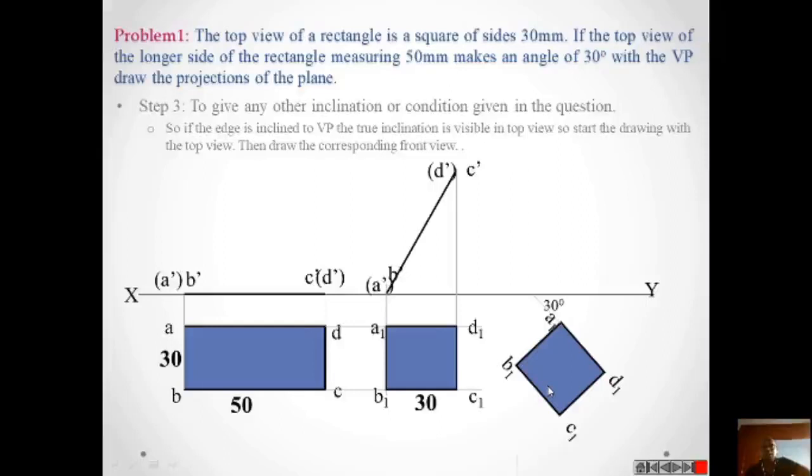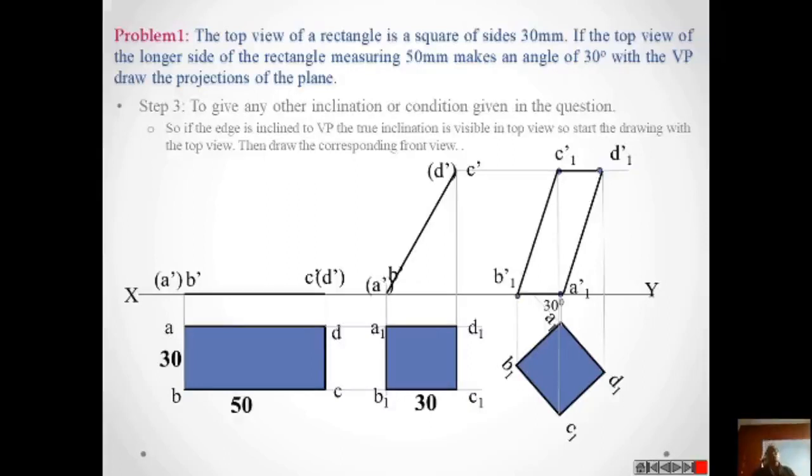Now after drawing this, you drop the projections from A1 B1 C1 D1. Now draw the locus lines from A dash B dash C dash D dash. Identify the intersection points and draw the front view.